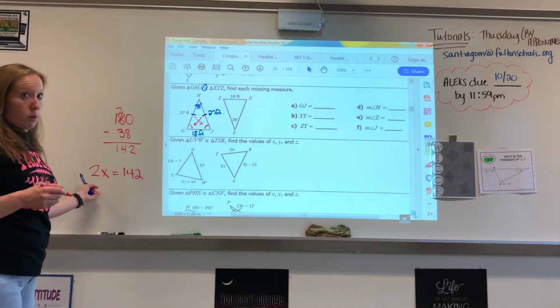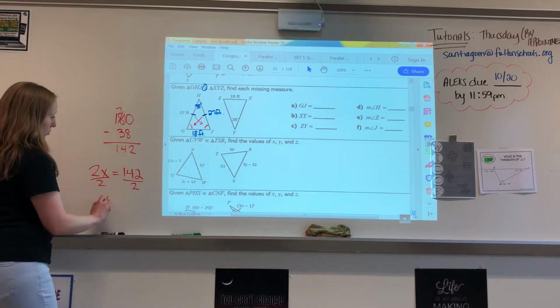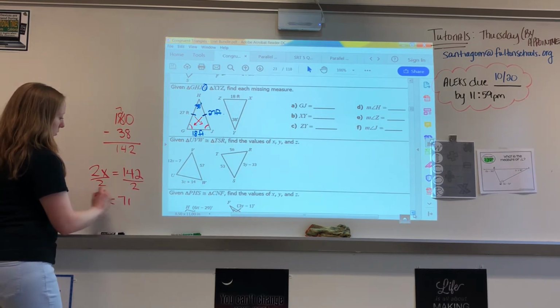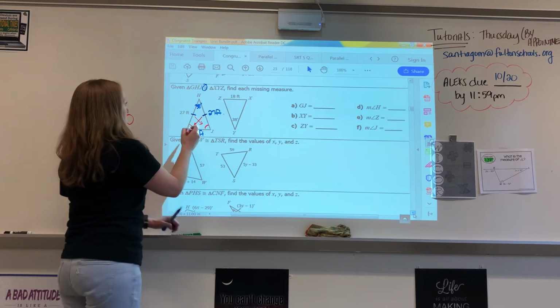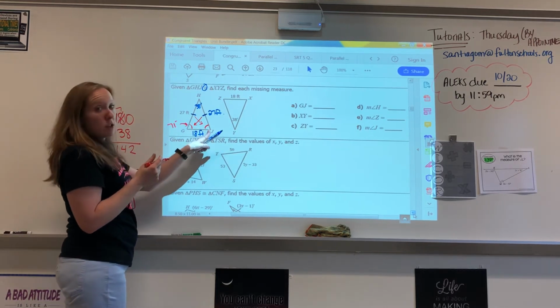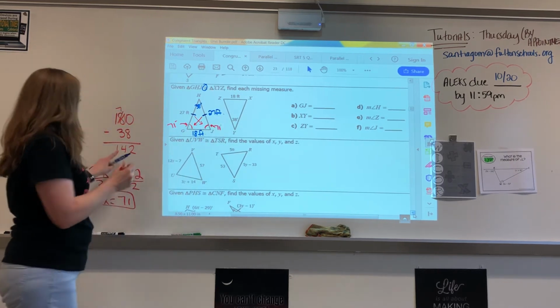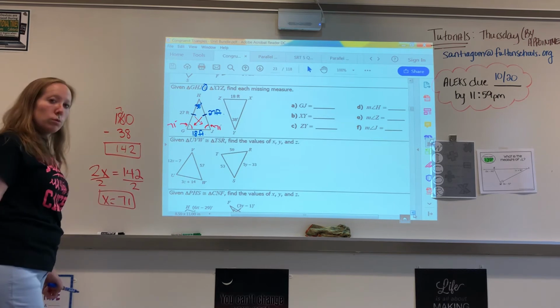Well, algebra. Divide by 2. If I take half of 142, I get 71. So that means this angle is 71 degrees, and J is also 71 because they add up to equal 142.